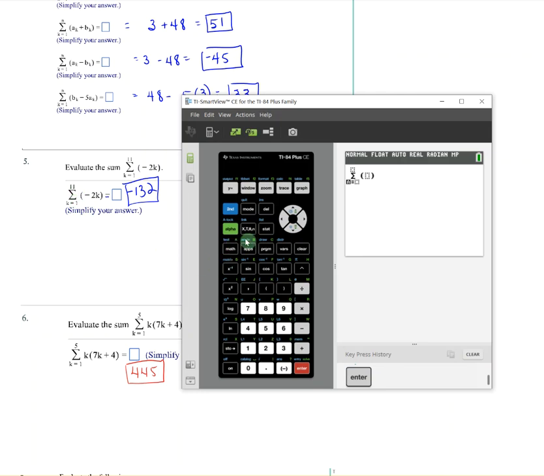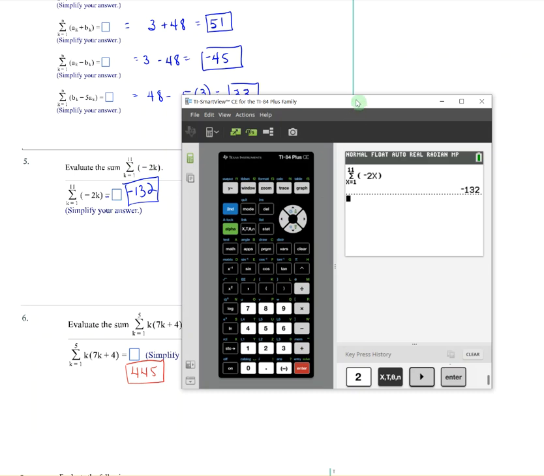So we're going to put x there, pops us over there. We're going to put 1. We'll hit the right arrow here. It'll take us up there. We're going to put 11. We're going to go to the right, and we put negative 2x and move out of that. So that is our summation. It matches that exactly. We hit enter, and we have negative 132.